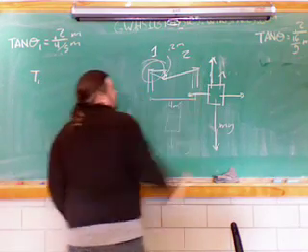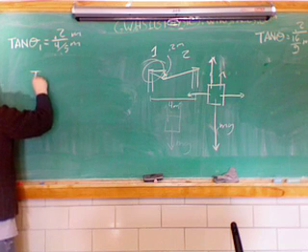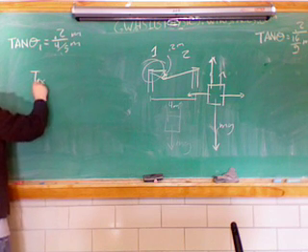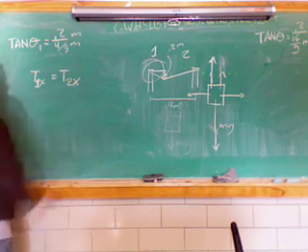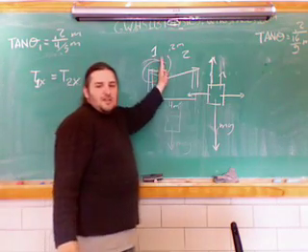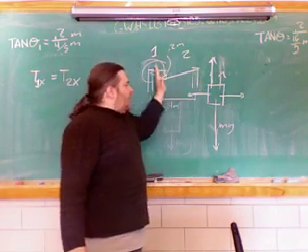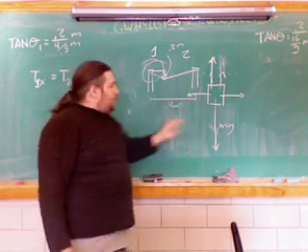The tension in the x direction, 1x, is equal to tension 2 in the x direction. If not, that log is going to accelerate one way or the other. Okay? So these two tensions have to be equal to each other.